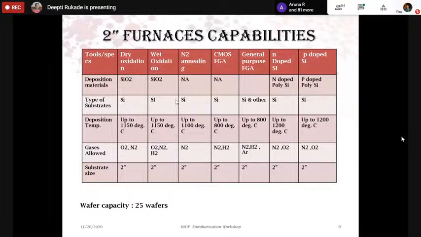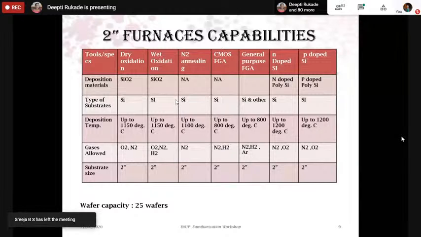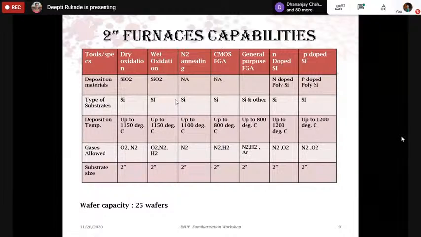But there is a significant difference between the quality of oxide that you get using dry oxidation and wet oxidation. Dry oxide is always preferred for gate oxide, whereas if you are not much keen on the oxide quality, or you just need a sacrificial layer, you can go ahead with wet oxidation. The time required for both of them, however, remains the same. The only difference is the thickness that you get during the two processes.